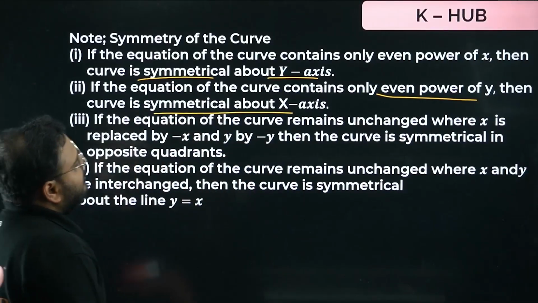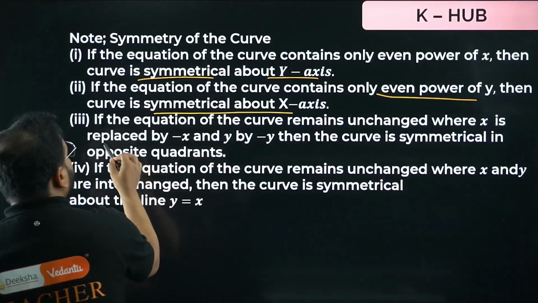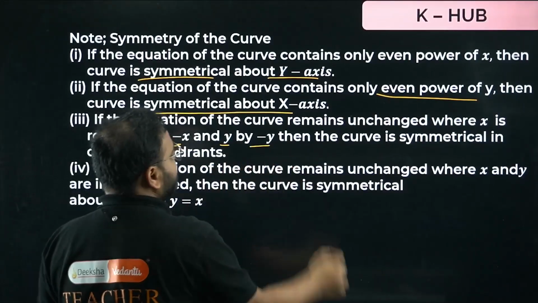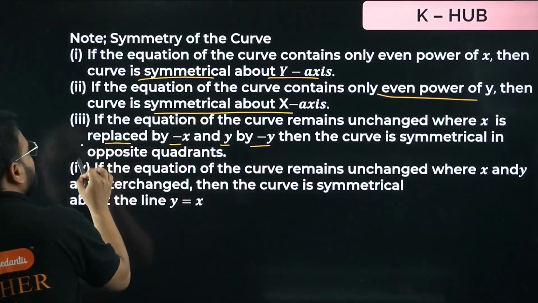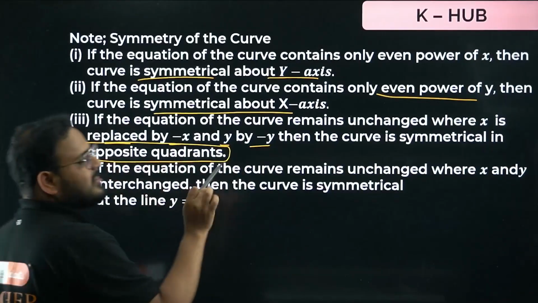If the equation of the curve remains unchanged when x is replaced by minus x and y replaced by minus y, then the curve is symmetrical about opposite quadrants, meaning first and third, and second and fourth.